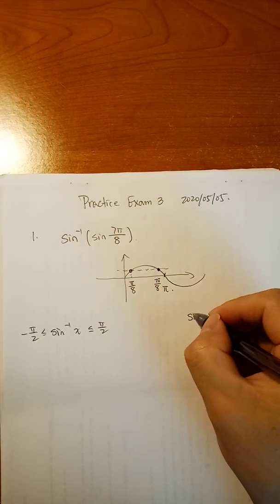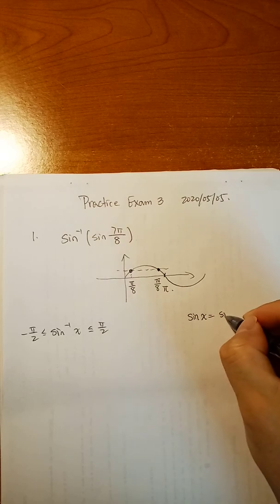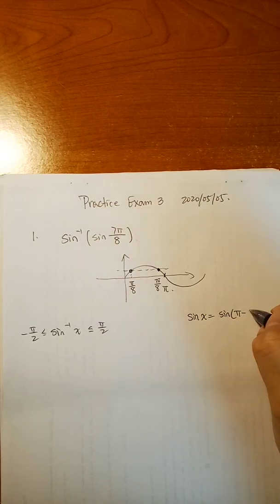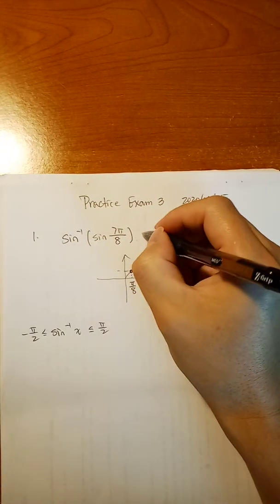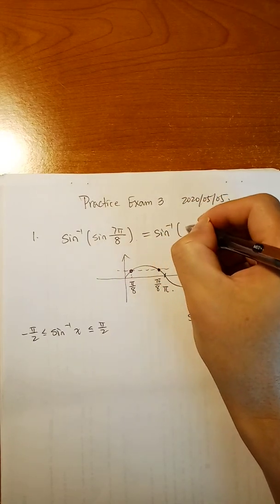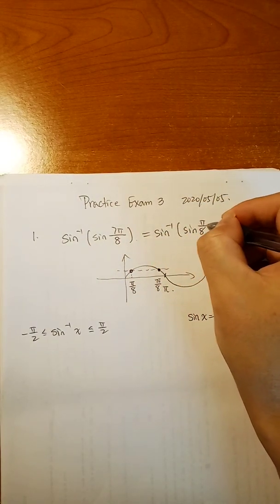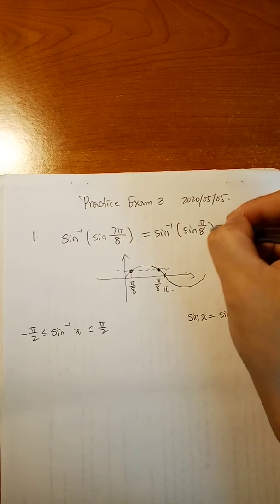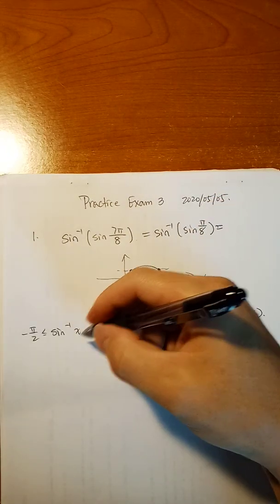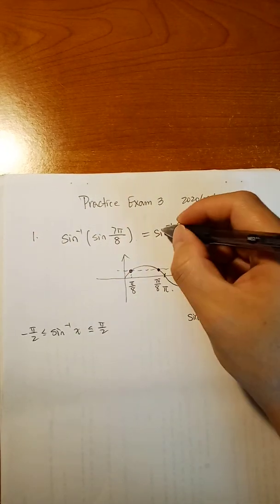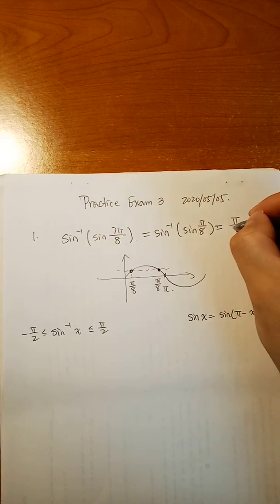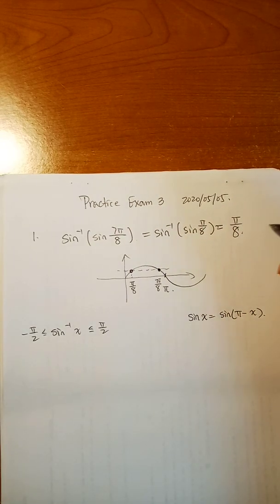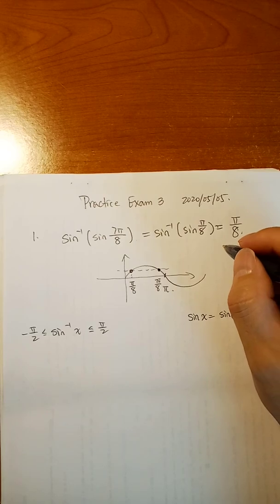So sine x is sine of pi minus x. So this is equal to sine inverse of sine of pi over 8. And when you have this angle in the range, sine inverse cancels with the sine, and you get pi over 8.